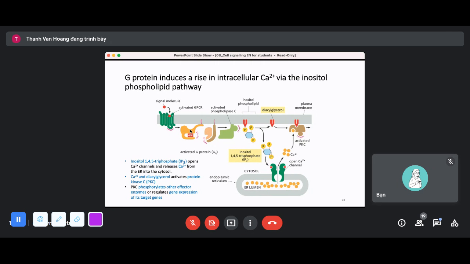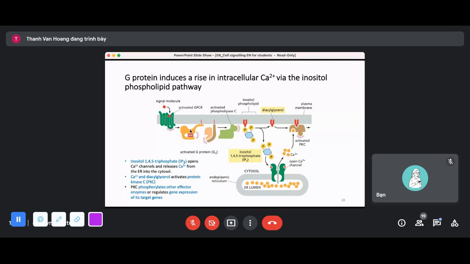So do you remember the slide, how cyclic AMP is synthesized from ATP, right? And adenylyl cyclase stimulates this synthesis of cyclic AMP from ATP.